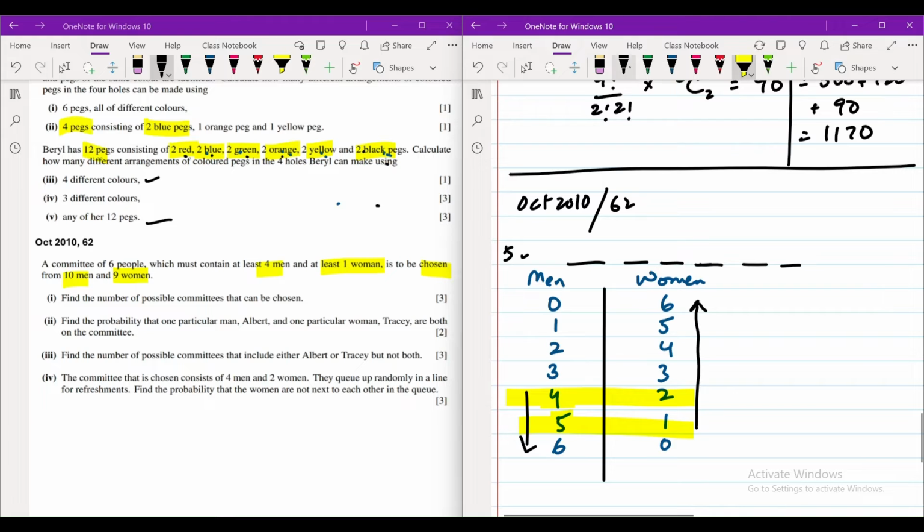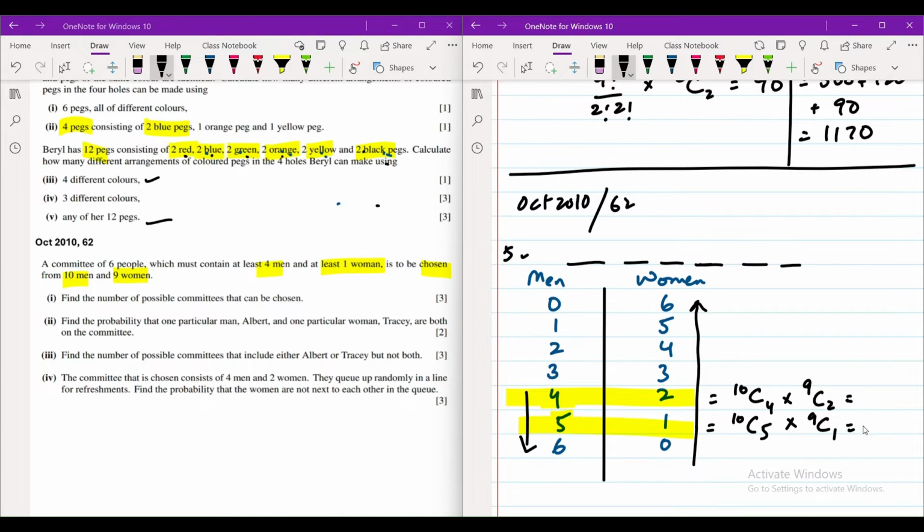Okay, find the number of possible committees now. What we'll simply do is, from 10 men we need to select 4 men, and from 9 women we need to select 2 women. For the second one, we have 10C5 times 9C1.